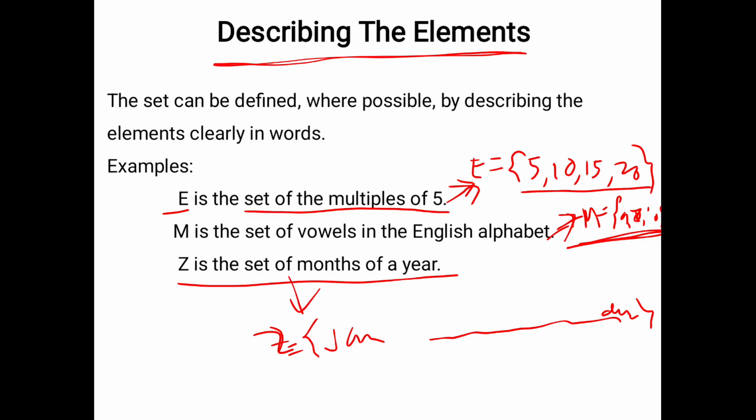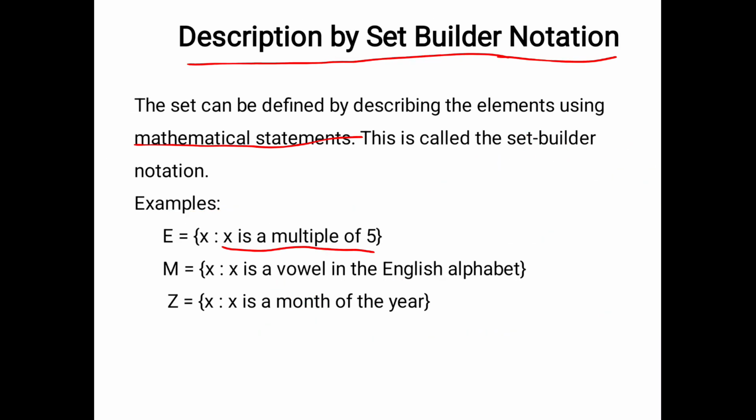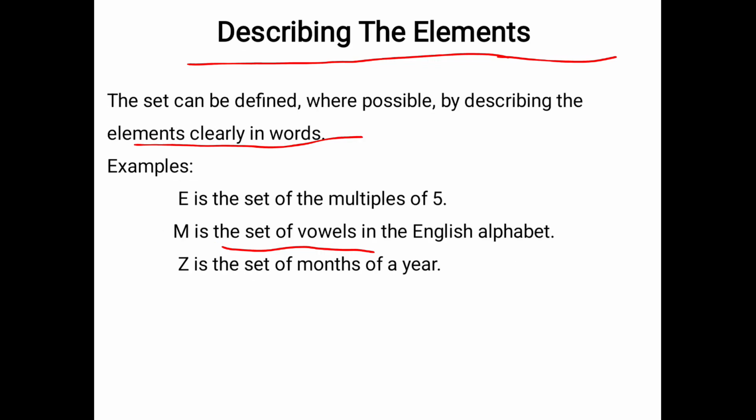For example, these are the values of x. So next, x is an element of M such that x is a vowel in the English alphabet. And then another example, x is an element of Z such that x is a month of the year.